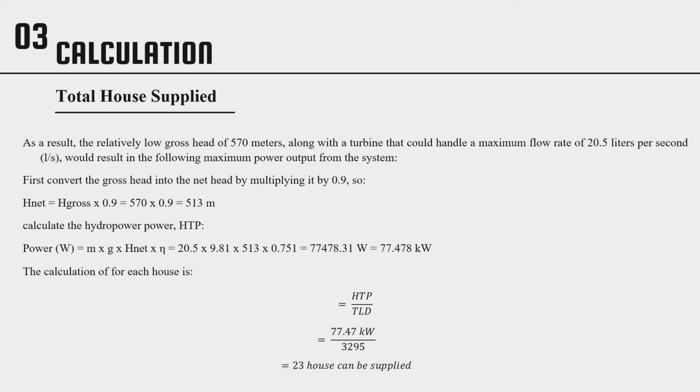So we get the HTP. To calculate the total houses that can be supplied, we have to divide HTP by TLD. So 77.47 kilowatts divided by 3.295, and we get 23 houses that can be supplied. So that's all for me, Muhammad Adib. Thank you.